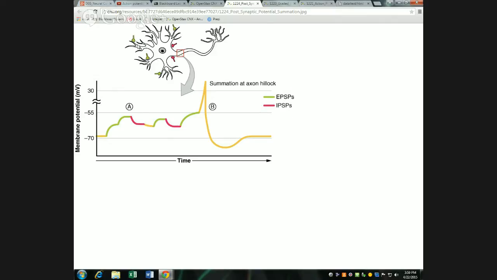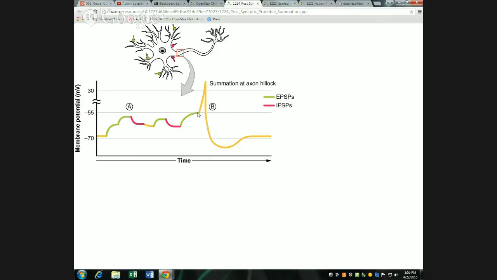So what this is showing is at each particular synapse, the same thing is going to happen. This is an excitatory synapse. This is an inhibitory synapse. Okay? And when all of these synapses are active, they can add up some positive, some negative results. And we eventually get to threshold there.